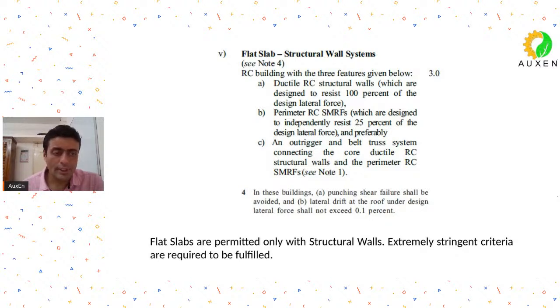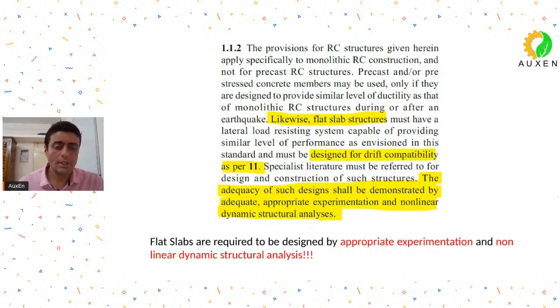We have tried doing this, and I can tell you that it is an extremely complicated procedure that has been laid out in the Indian code for flat slabs. The IS 13920 even goes a step further. It tells you, and I have highlighted these three lines in the last three rows, the adequacy of flat slab buildings shall be demonstrated by appropriate experimentation.